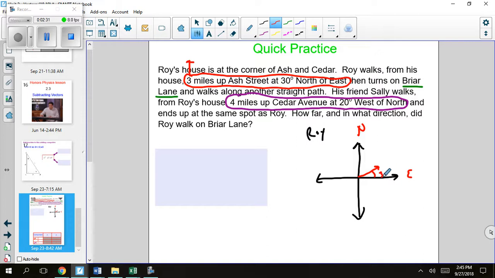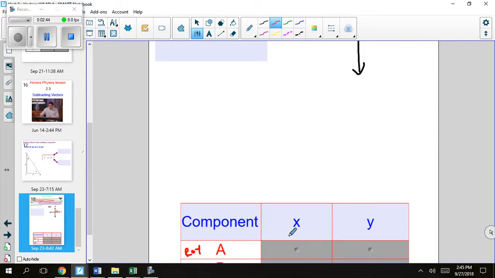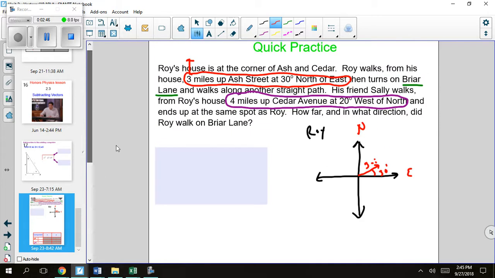That's 30 degrees, and that is 3 miles. The first thing you want to do is figure out our x and y components. So this is A. We need to know this side right here, our adjacent side, and then our opposite side of our angle.